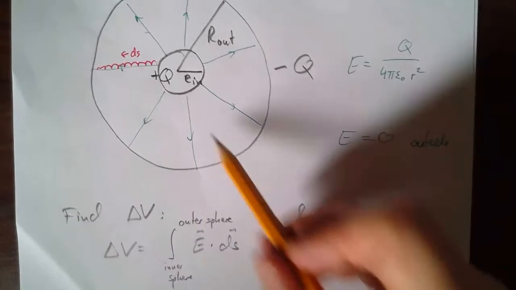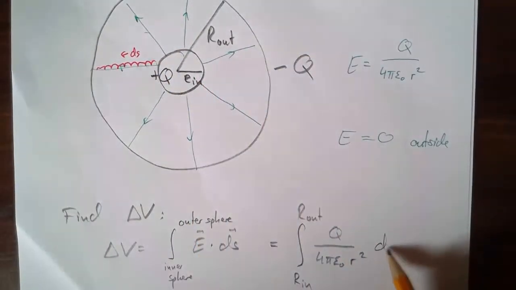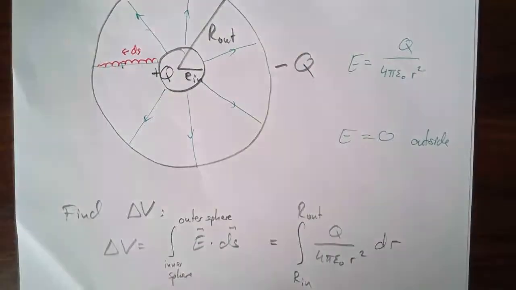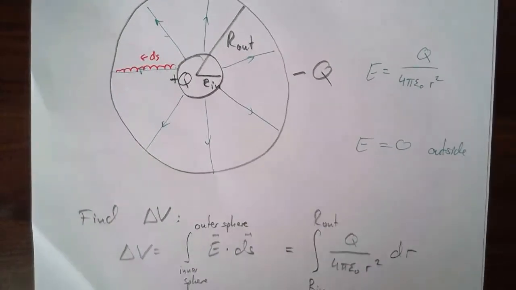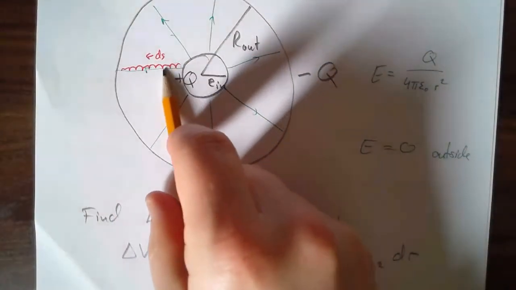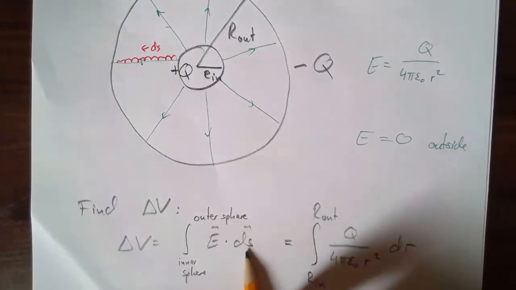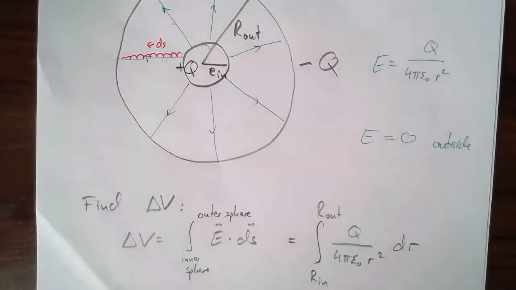Our step is just a small change in radius, and we step in the same direction as the field. It's a choice we make, but it makes our life a lot easier. It's the only sensible choice, really. So the dot product just becomes the magnitude times the magnitude, because the angle between the two is 0.